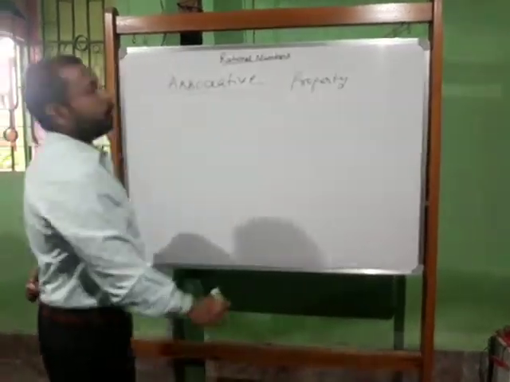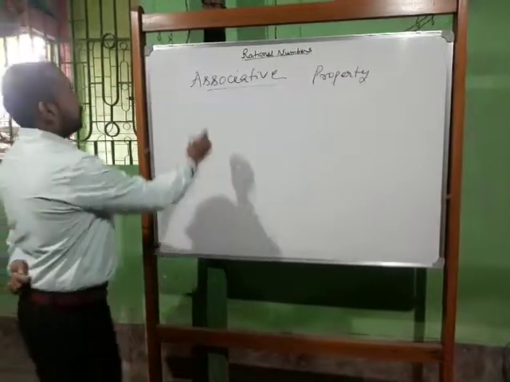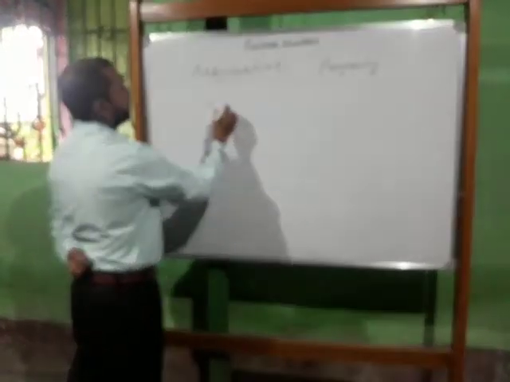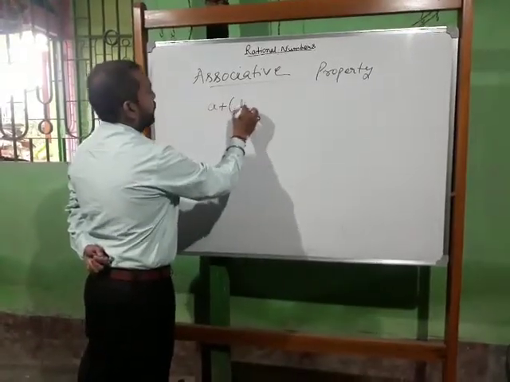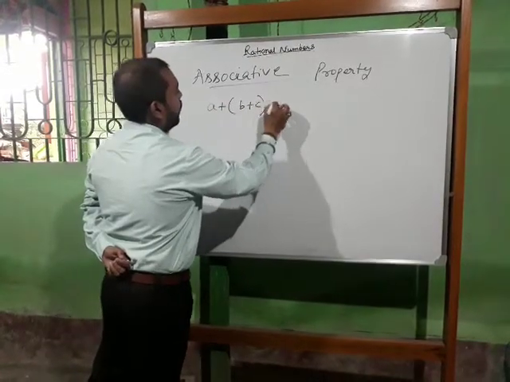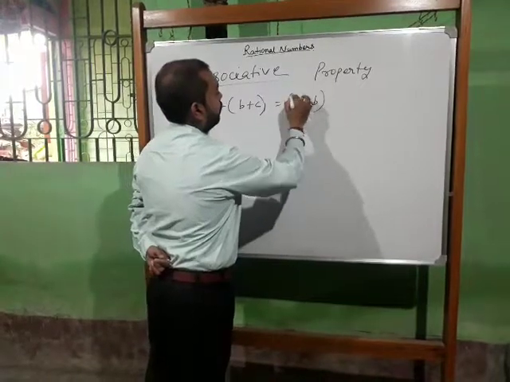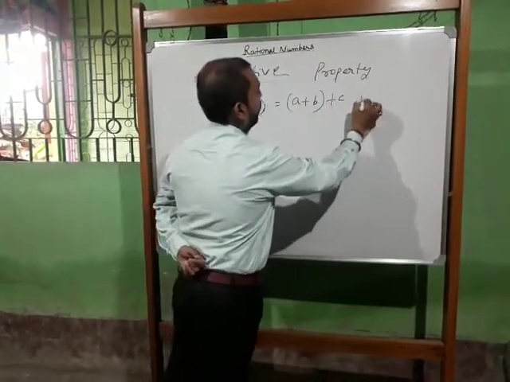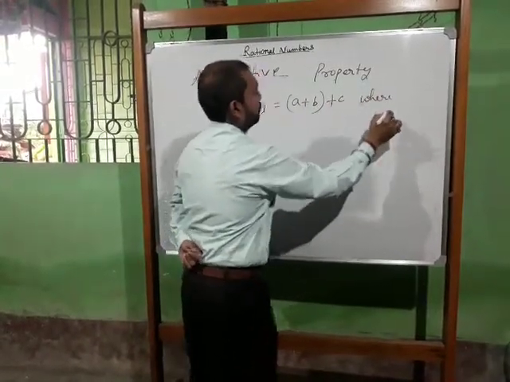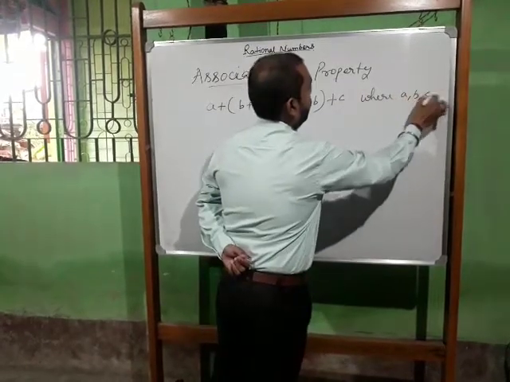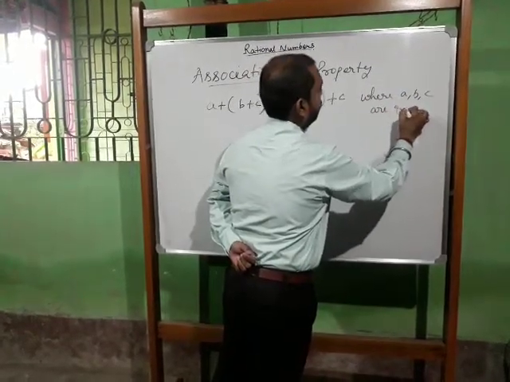So associative property. This property says that (a + b) + c is equal to a + (b + c), where a, b, c are rational numbers.